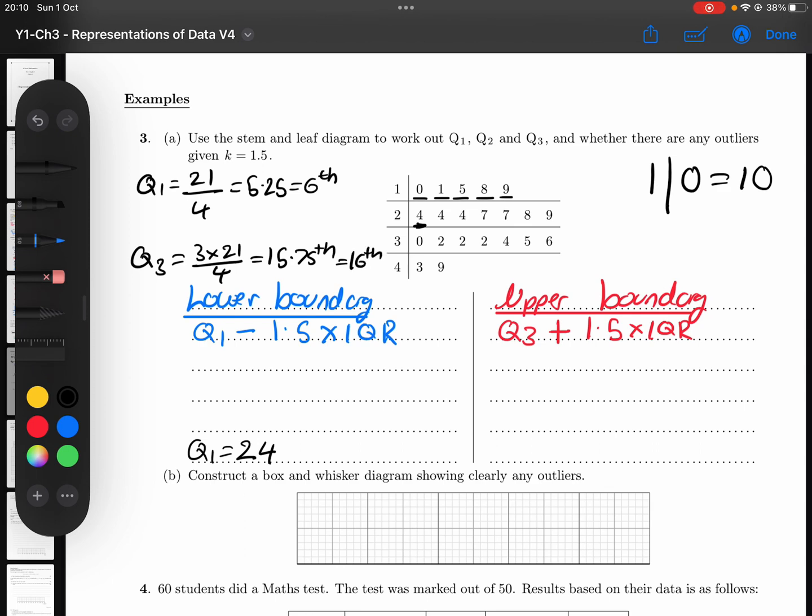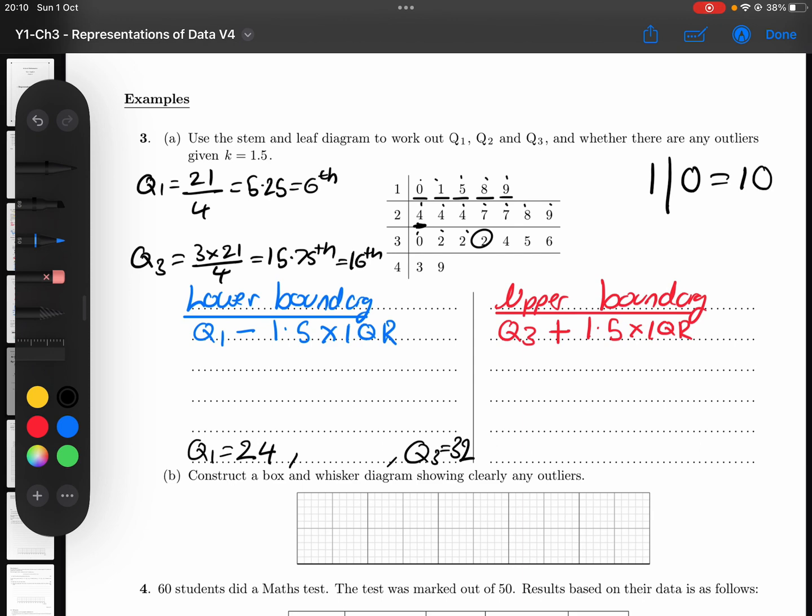And if we count those out, 1, 2, 3, 4, 5, 6, 7, 8, 9, 10, 11, 12, 13, 14, 15, 16 to get an upper quartile of 32.